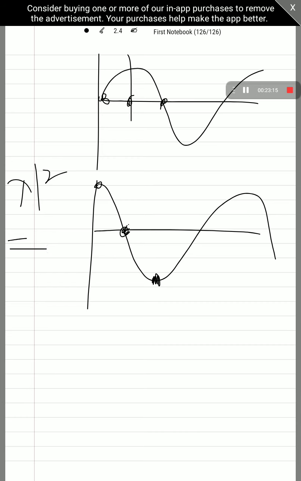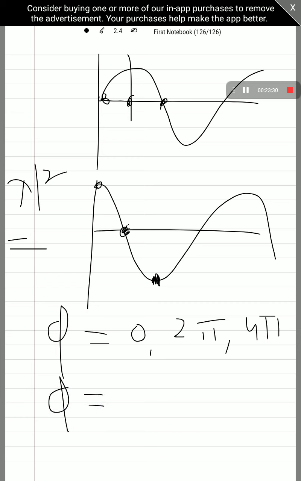Alright, this we have also seen from the phi value. When phi value equals 0, 2 pi and 4 pi, you are getting a maxima. When phi equals pi, 3 pi and 5 pi, you are getting minima.